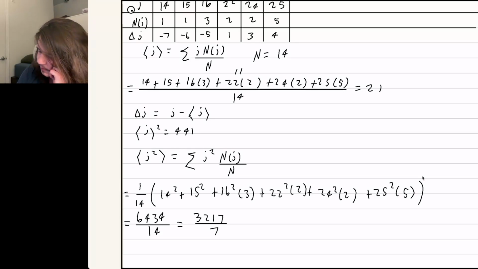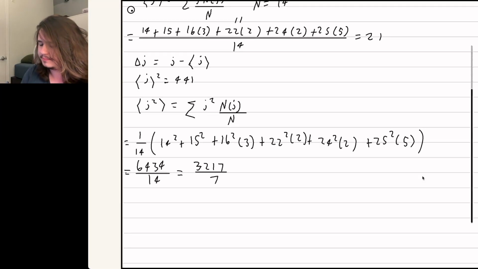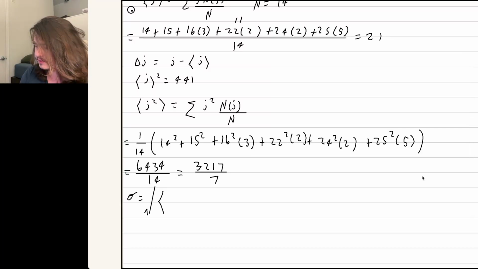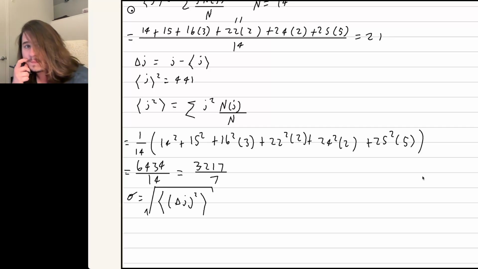Now we can move on to calculating the standard deviation in one way. That way is given by this equation. It's the expectation value of delta j squared under a square root, right?